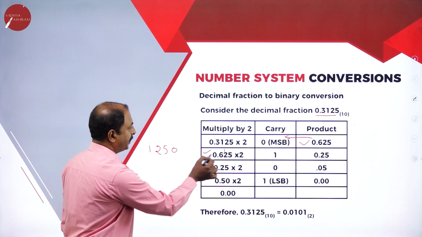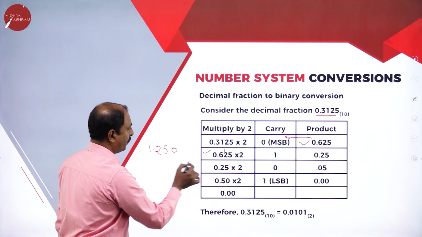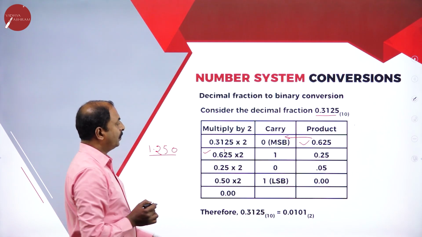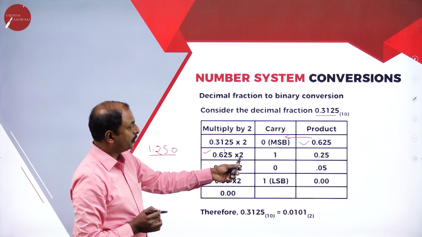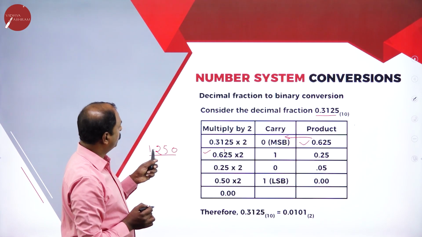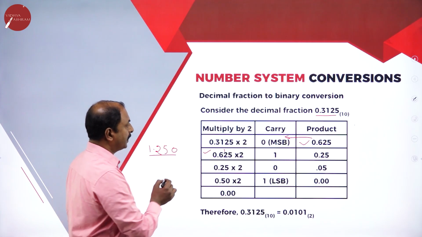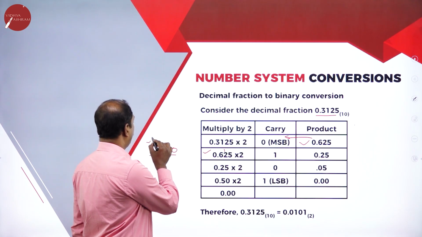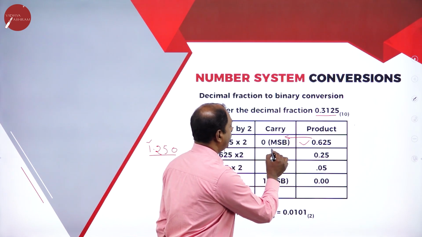So the 0 point is here. When you multiply 0.625 into 2, you will get 1.250. So this 1 we are going to store as a carry.